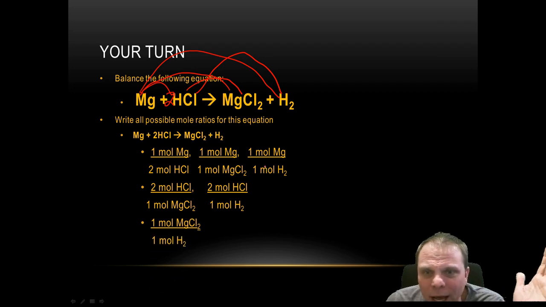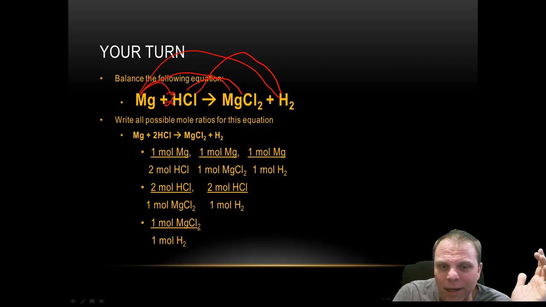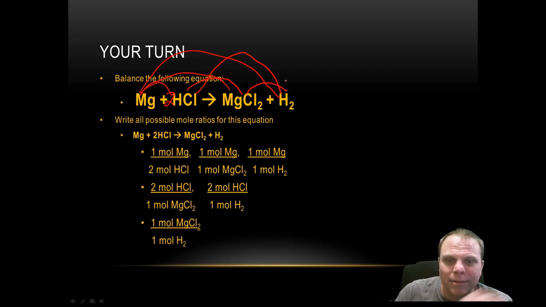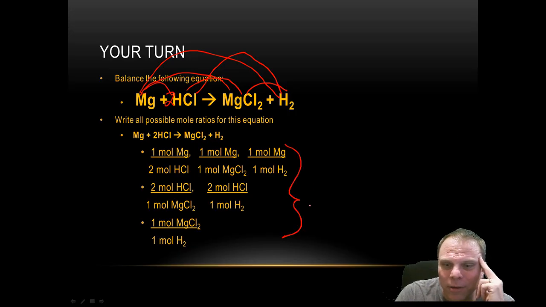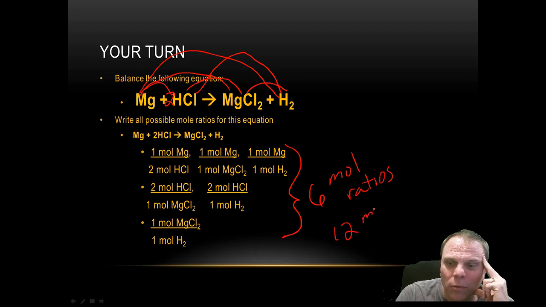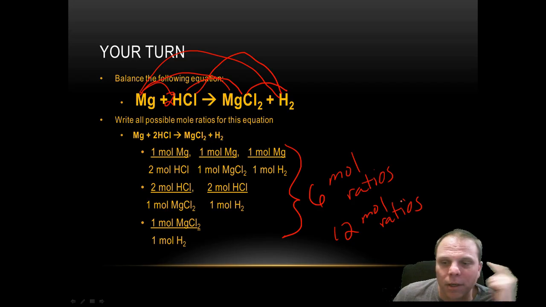Where's the last one I forgot? Oh, yeah, look at it right here. Magnesium chloride and hydrogen. All right, so 12 different ones. So you've got 6 here, 6 different mole ratios. And then if you wanted to reverse those, then you could have 12 total mole ratios that could be derived from just that one balanced chemical equation.